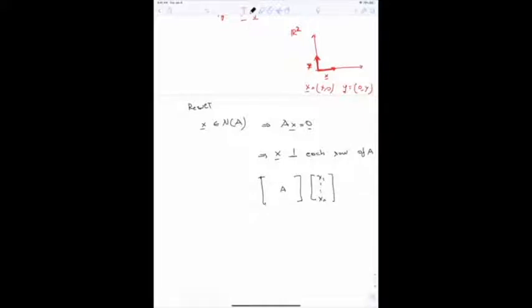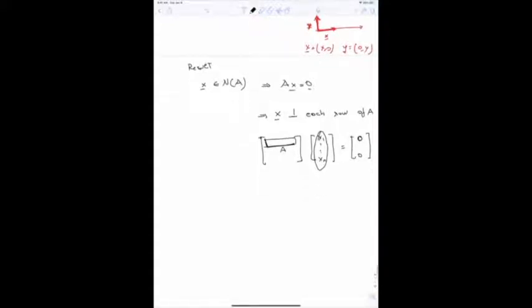It has to be a column vector, otherwise we cannot do the multiplication. Now, this is equal to the null vector by definition of belonging to the null space. So if you take the first row of A and multiply it by x, you're going to get 0. So this scalar product of the first row of A times x is equal to 0, which means that x is orthogonal to the first row of A. And you can do it for each single row.